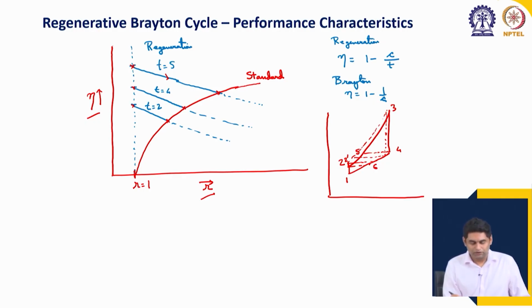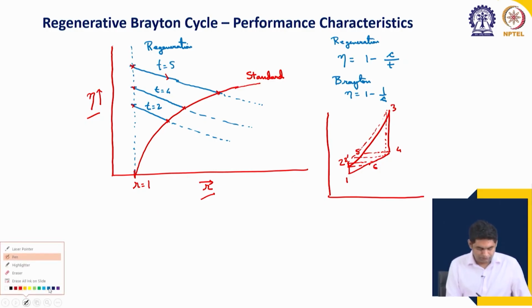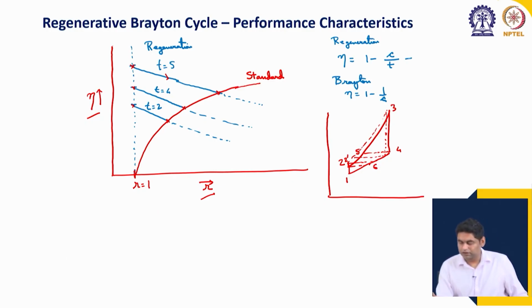It corresponds to R equal to 1, where the maximum value occurs, and we can see directly from our calculation that eta equals 1 minus C by T. So, for R equal to 1, eta equals 1 minus 1 by T. For example, for T equal to 5, a realistic value, with inlet condition 300 Kelvin and maximum temperature 1500 Kelvin, the value of small t is 5.